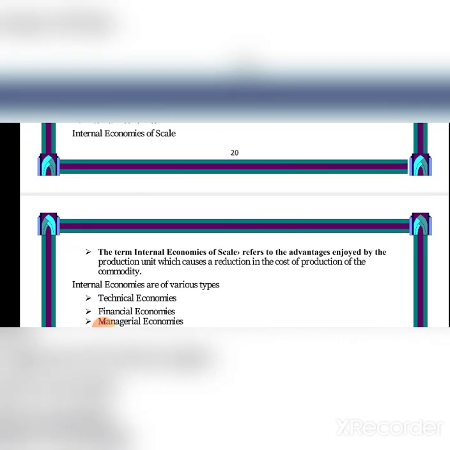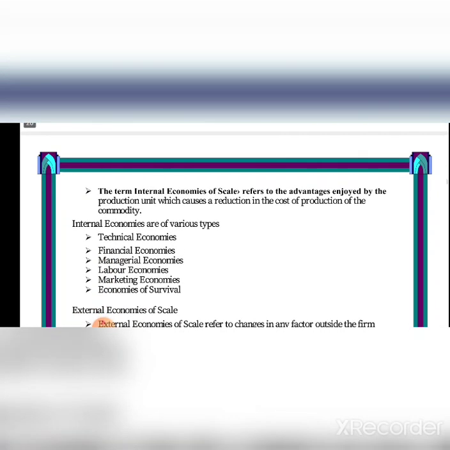The term internal economies of scale refers to the advantages enjoyed by the production unit which cause a reduction in the cost of production of the commodity. There are five types of internal economies. That is technical economies.